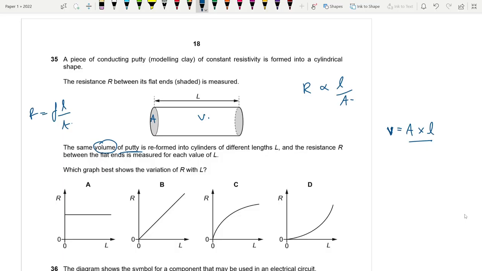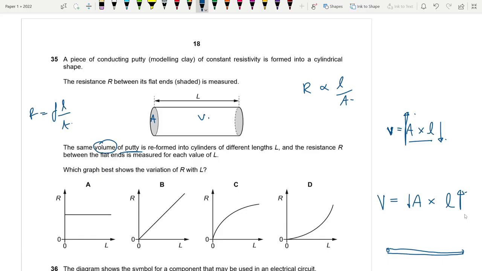If we have a small value of length, we need a greater value of area to compensate. Similarly, if the length becomes really high, suppose we have a really long putty, the area needs to be really small to compensate, or else the volume will never be the same. You can't increase both at the same time. If you decrease one, you have to increase the other, and vice versa.